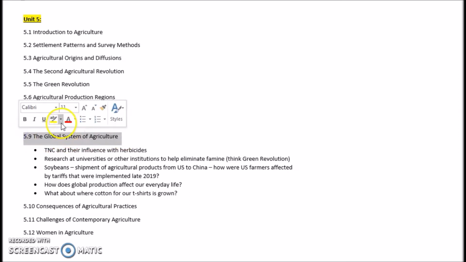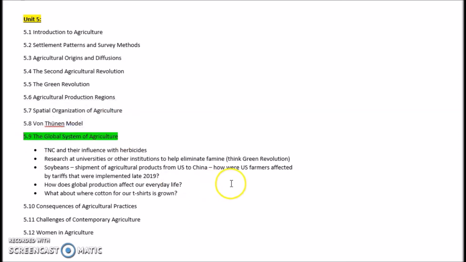what we have is the global system of agriculture. The most important thing here is global. You need to think about connections with agriculture across the globe, across the different countries, etc. These are just some of the things I expect you to write.